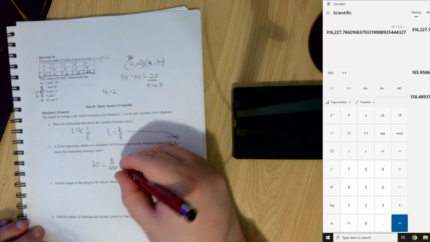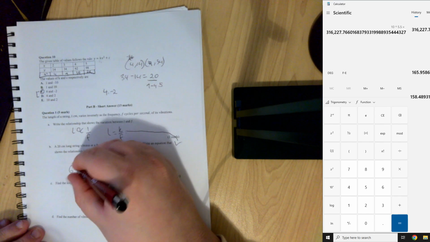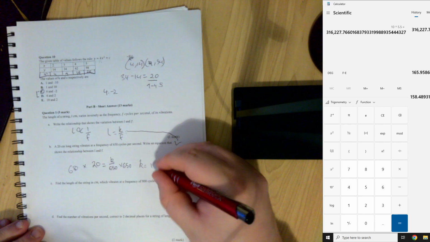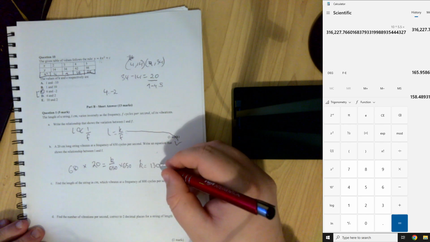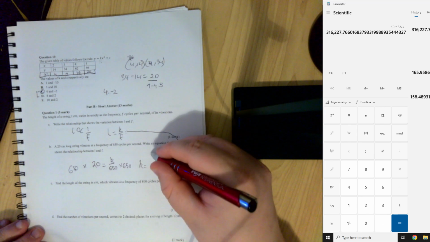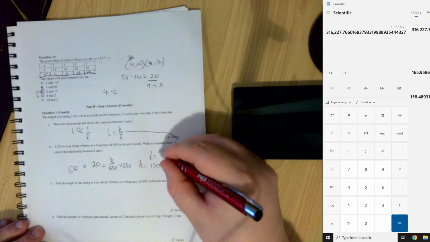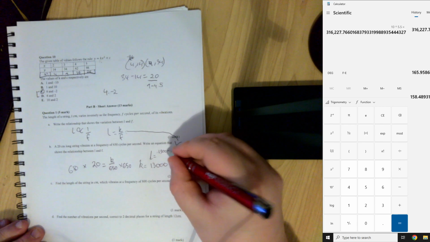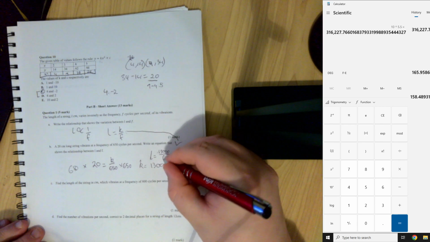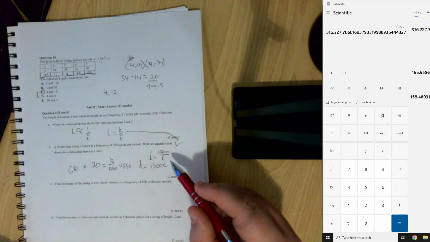So in this case, multiply both sides by 650. And they give you the value of K is 13,000. Yeah. Which means L is equal to 13,000 on F. Alright. So there's 2 marks there, one for finding K, one for writing your equation properly.